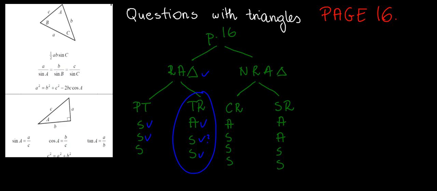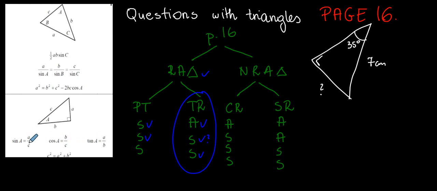Just to illustrate how we use it, let's say there is a triangle in our question, and it is a right angle triangle, and we have to find a side. We have this side, let's say it's 7 centimeters, and you have this angle, and that is 35 degrees.